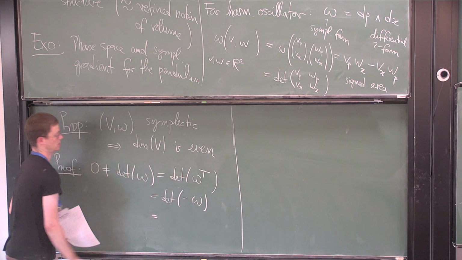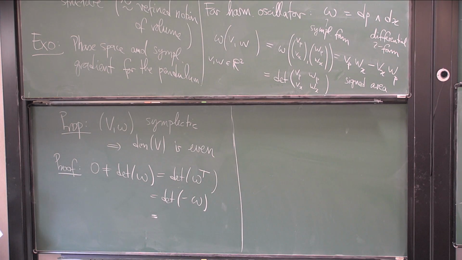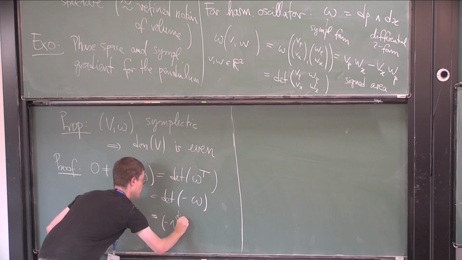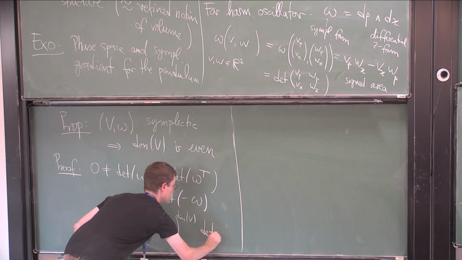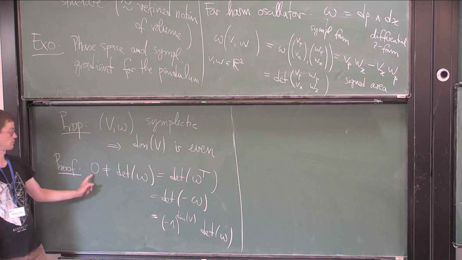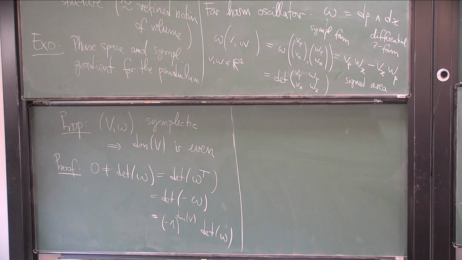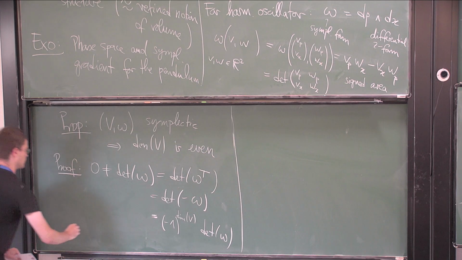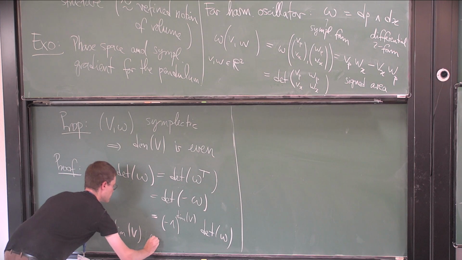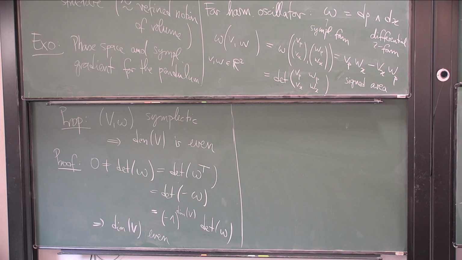And if you have the determinant with some factor, then you can pull out this factor to the power of the dimension: minus 1 to the power of the dimension of V times the determinant of omega. Now if you compare this, since it's non-zero, this factor has to be 1, so the dimension has to be even. Nice, isn't it?